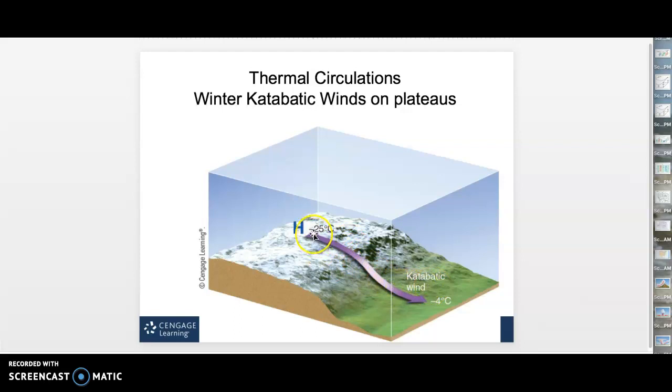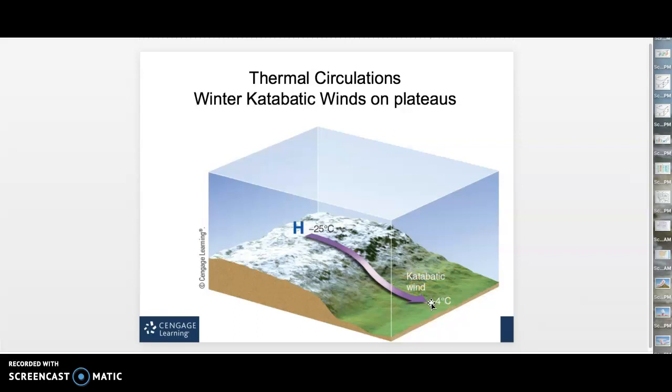You see that this dense air is very cold at negative 25 degrees Celsius. It will go down the mountainside, and as it goes down and comes to a higher pressure level, it will compress and warm, and it will warm to a higher degree.